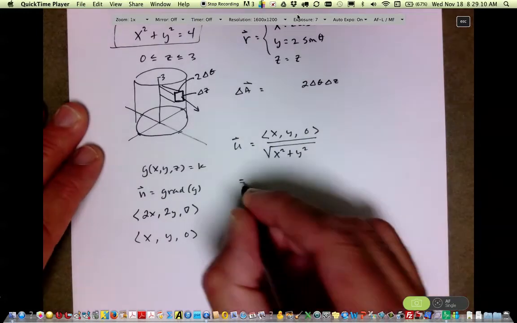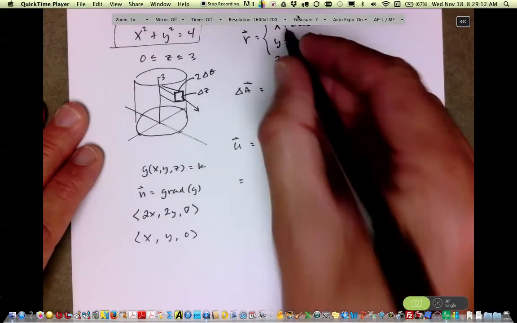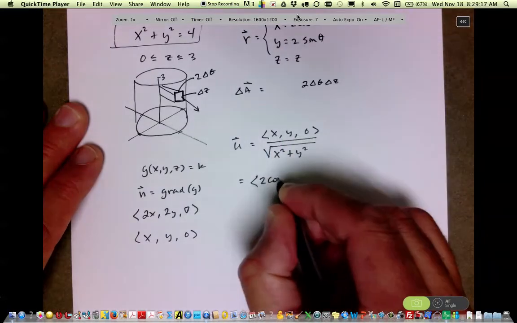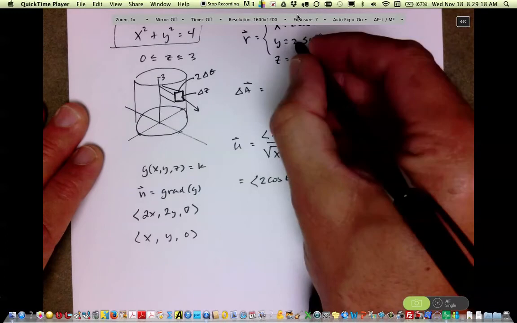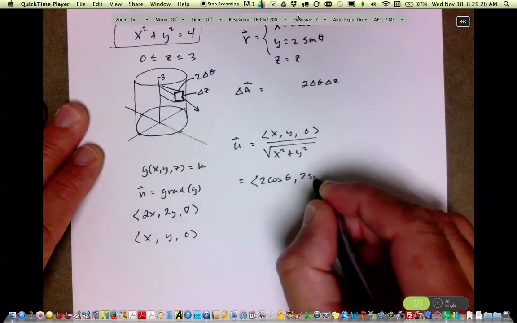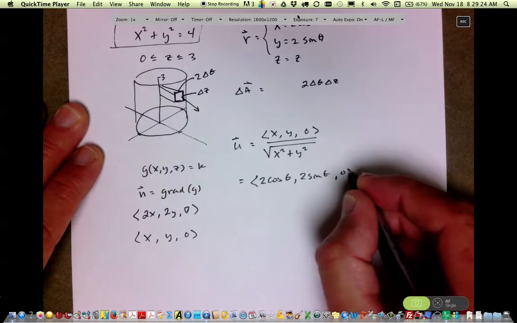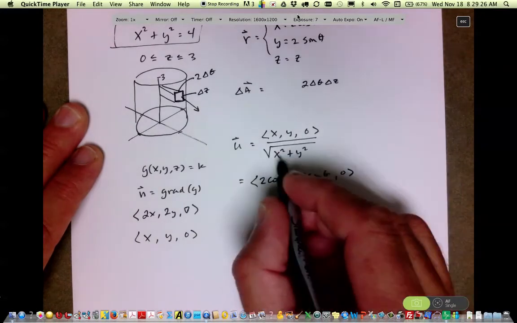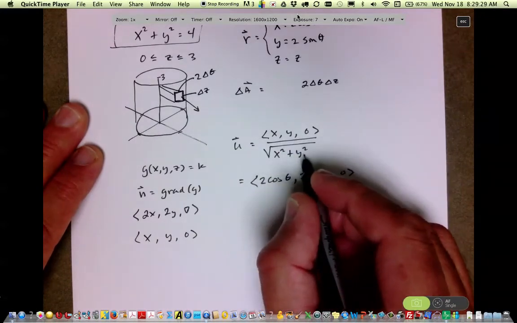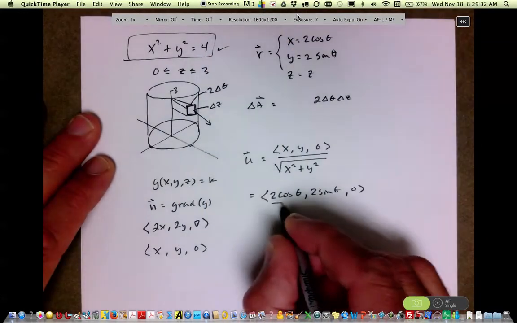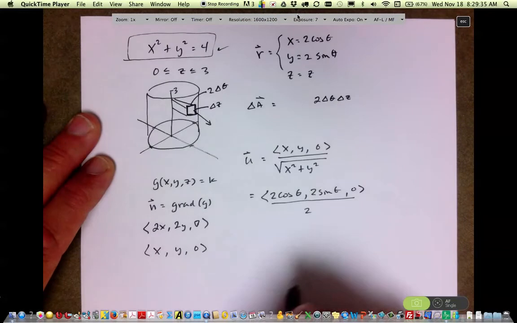All right, now I'm going to go back up here to the parameterization and write that as 2 cosine theta and 2 sine theta and 0. Okay, and then the denominator is the square root of x squared plus y squared. All right, that's just going to be equal to the radius of the cylinder, which is 2.